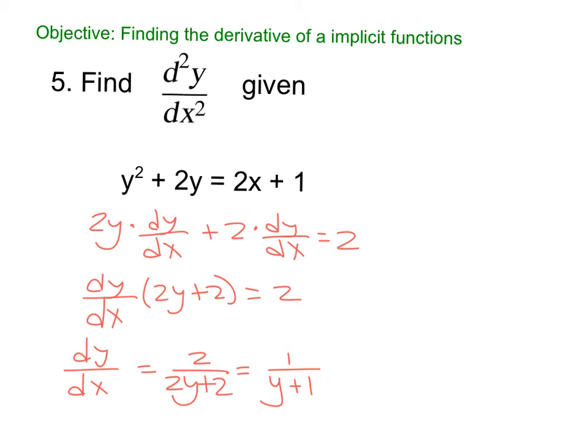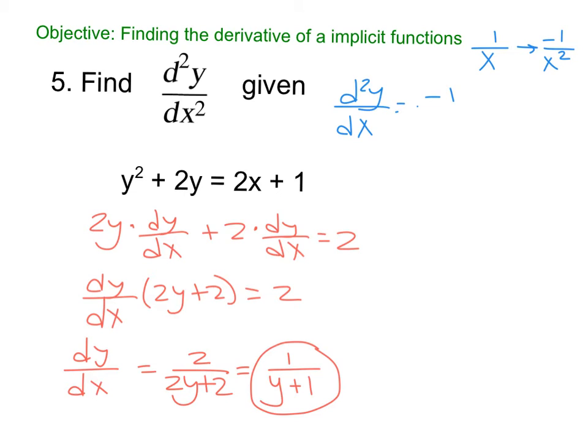All right, so now I have to take the second derivative. So the derivative of this. Now remember I told you to memorize the derivative of 1 over x? The derivative of 1 over x is negative 1 over x squared. So that means the second derivative here is negative 1 over y plus 1 squared times dy/dx, the derivative of the inside.